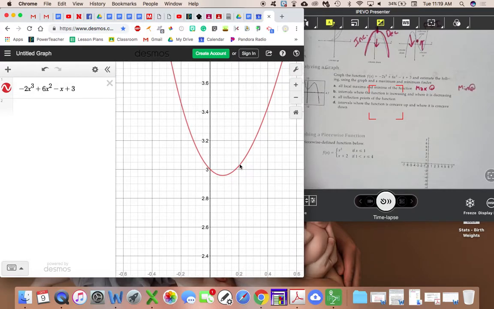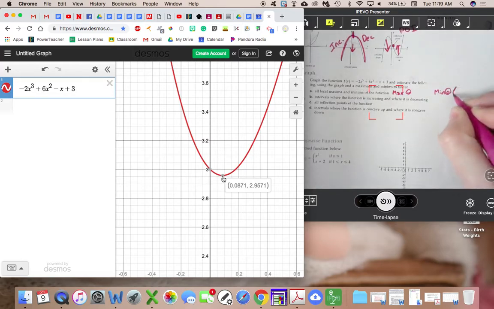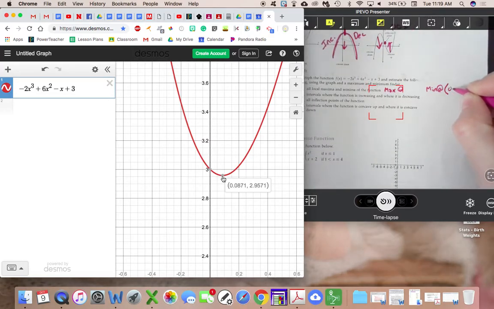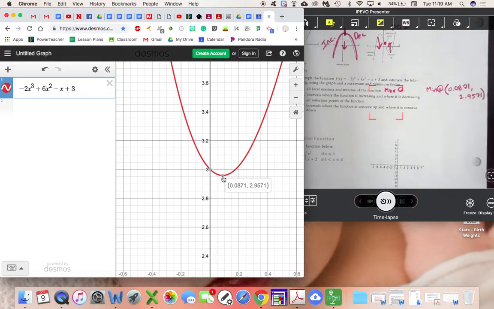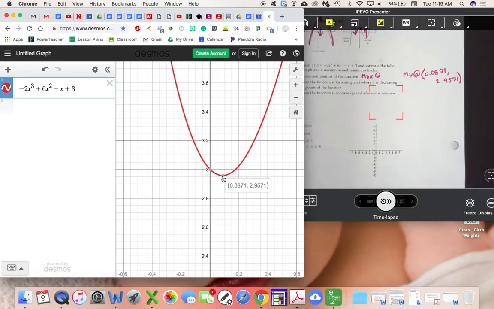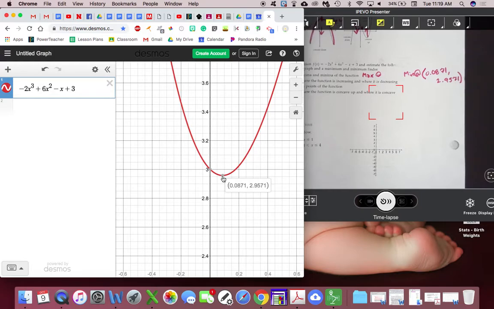If I just click on the function, it will automatically tell me what that point is. My min is at 0.0871, 2.9571.